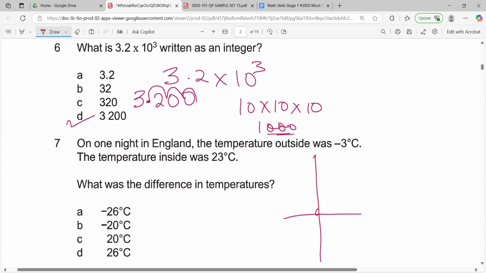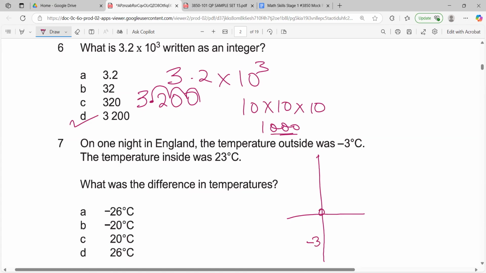So when it goes below zero, that's when the minus comes in, right? It's extra cold. I don't know if you ever went to -3 yet, but that's real cold. In Jamaica, sunny, man. So when it goes below zero, that's when it's extra cold.